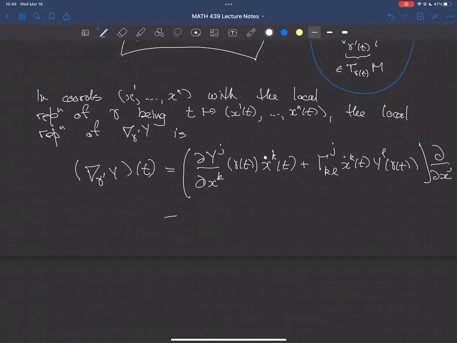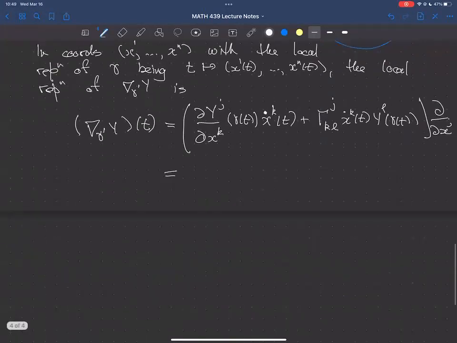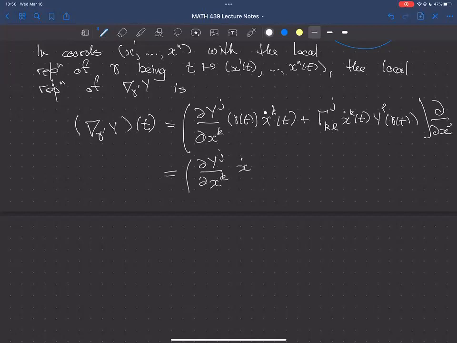Normally you don't write this in such a messy way. You don't include all the arguments, and you just write that this is dy j by dx k x dot k plus gamma j k l x dot k y l d by dx j. The arguments are what they have to be, but in the line above I prescribe them just so it's clear.